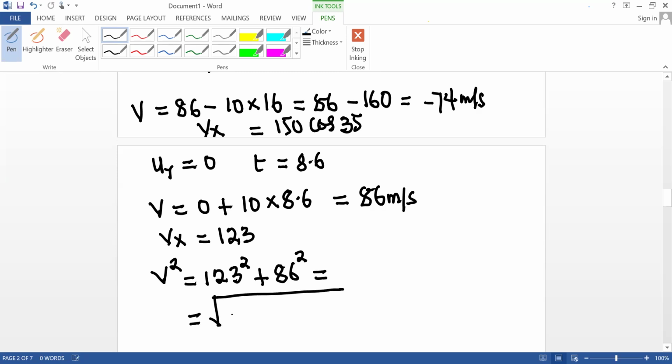Square root of 123 squared plus 86 squared. The answer is 150.1. So the same value, exactly. So theory no dey lie.